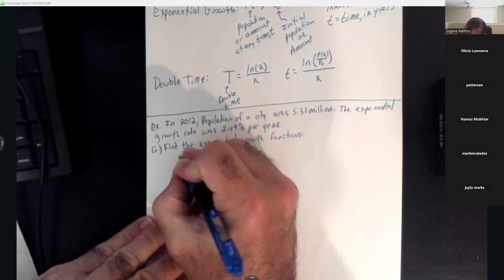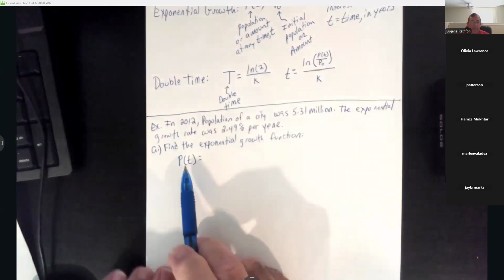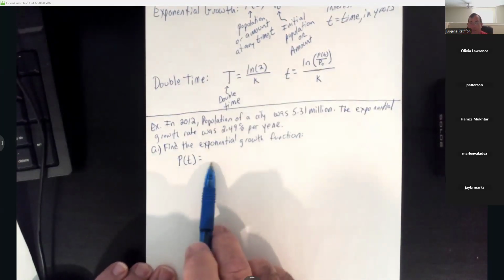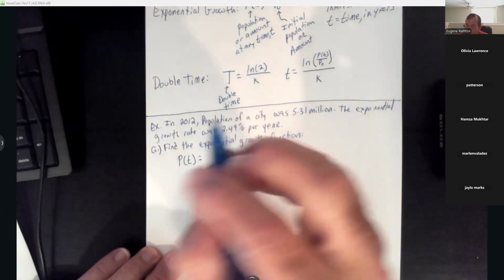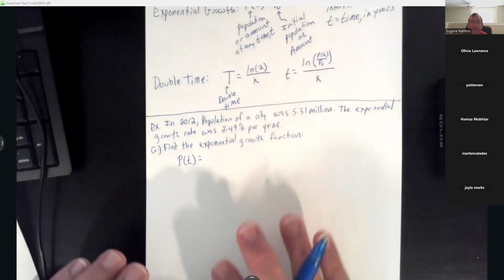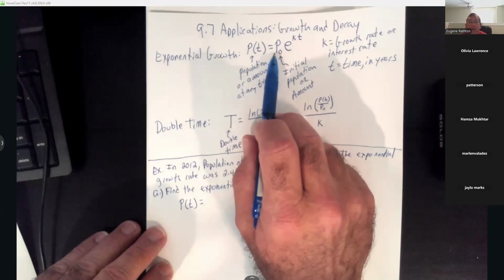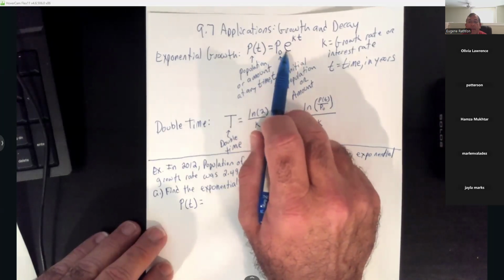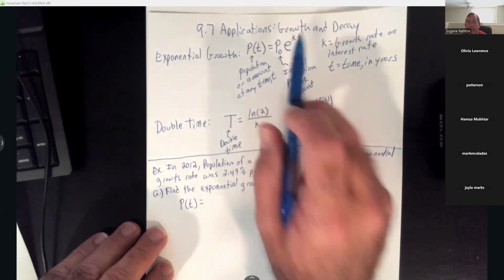So remember, we have our P of t. Now, MathLab will give you the P of t, and you're just putting in the actual formula. Hey, y'all, so we're using that top formula I gave you. We're filling in this formula right here: our initial amount, e, and then our growth rate times time.